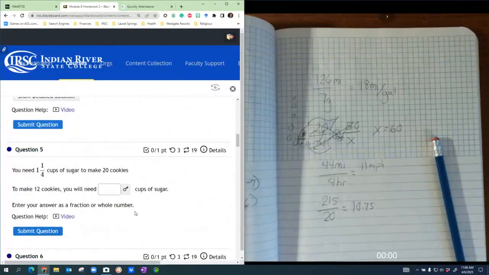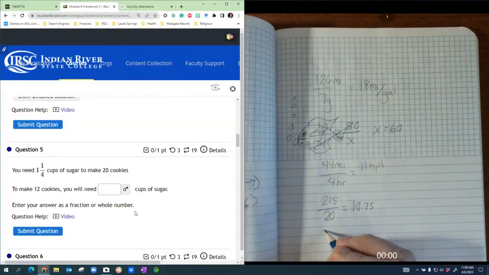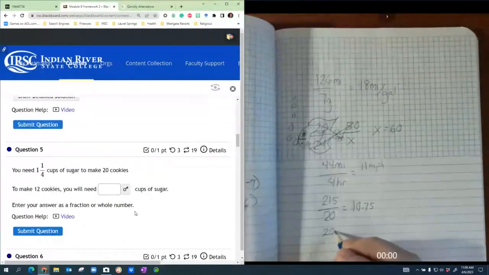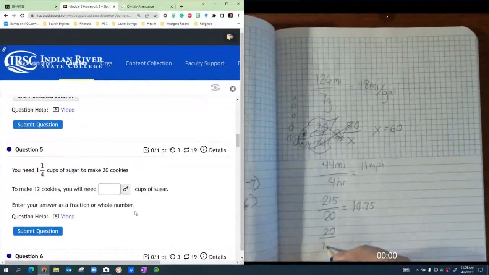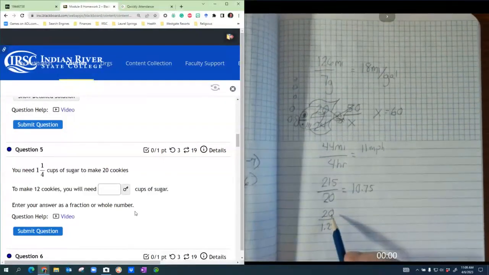Now it says you need 1¼ cup of sugar to make 20 cookies. To make 12 cookies, you need blank. So the way this works is just like the proportions with the fishy. For 20 cookies, you can write it any way you want, but put 20 cookies, put 1.25. So this is cookies, cups. Well, that's a proportion then.